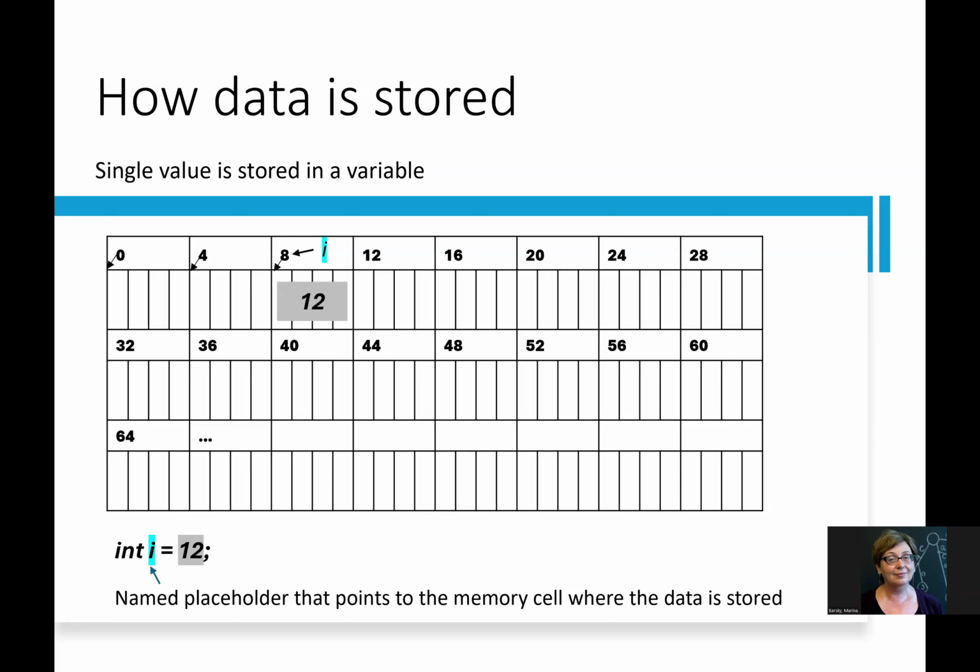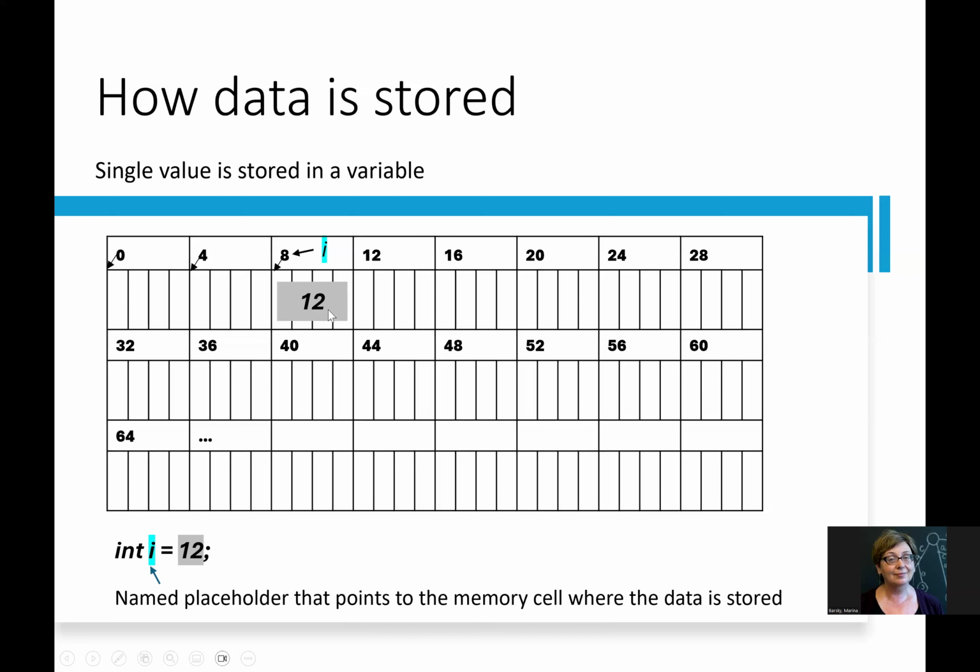If we want to store a single value, such as this integer 12, we would use 4 bytes of memory. 4 consecutive bytes of memory will be occupied by the bits representing number 12.